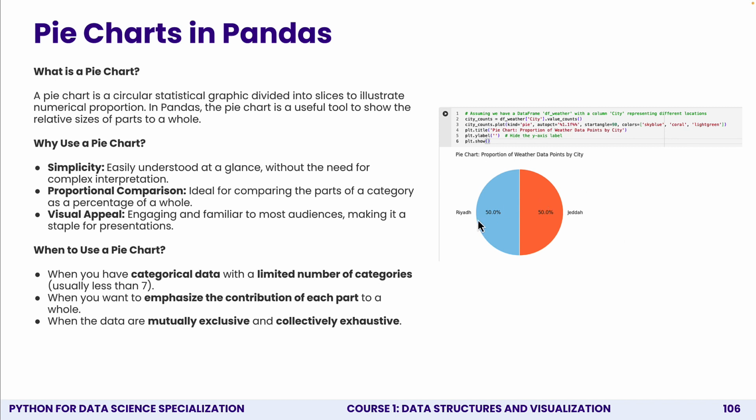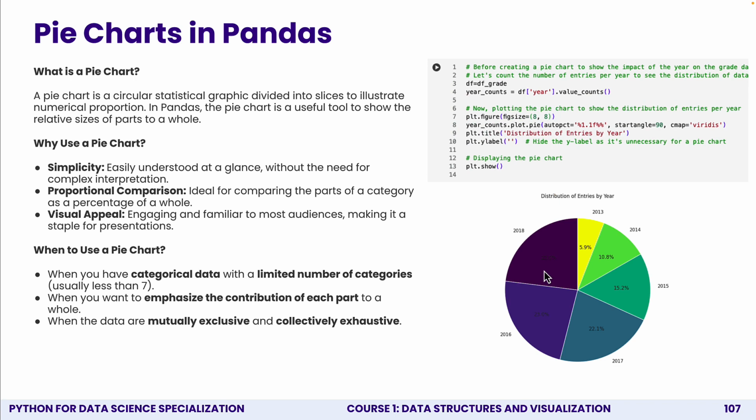Now, all the data come either from Riyadh or Jeddah. So the whole data set is the sum of these two data sets, but they are completely independent. This is what we mean by mutually exclusive, which is the independence, and collectively exhaustive, they represent the whole data set. It cannot present only part of the data set, because 100% means the whole data set that we are measuring.